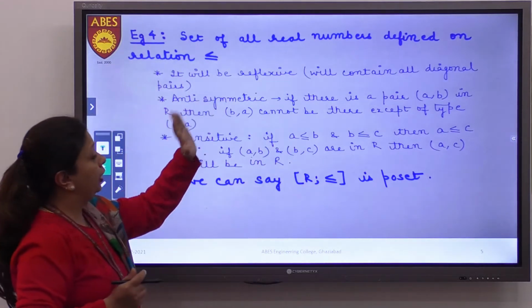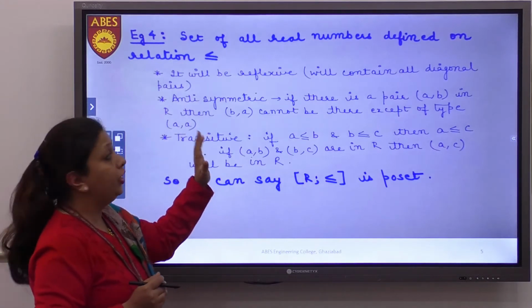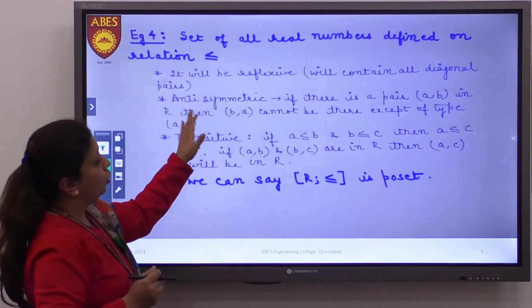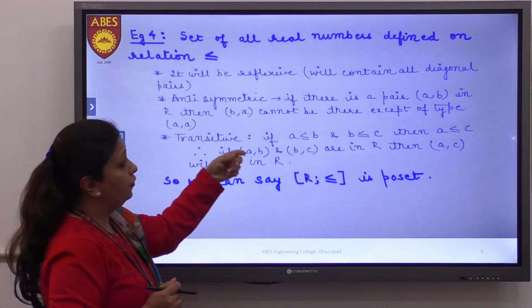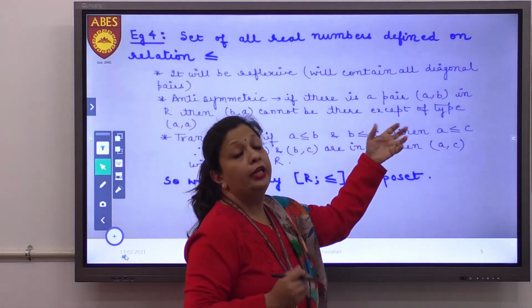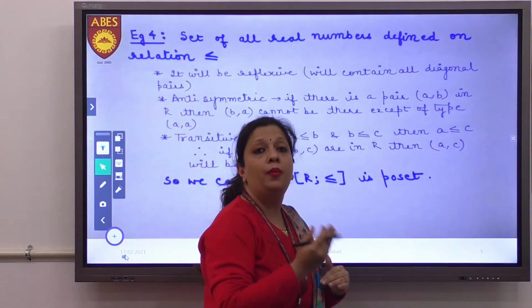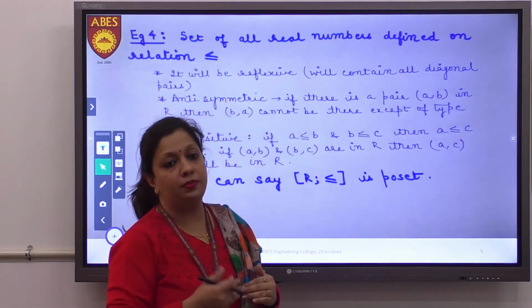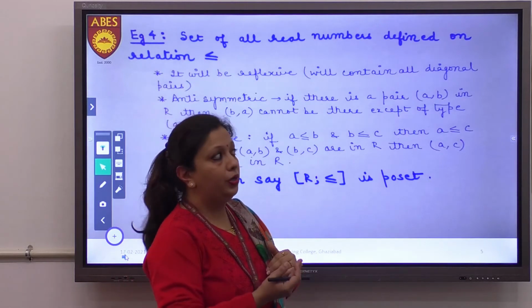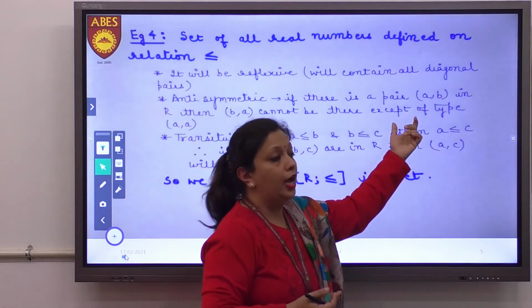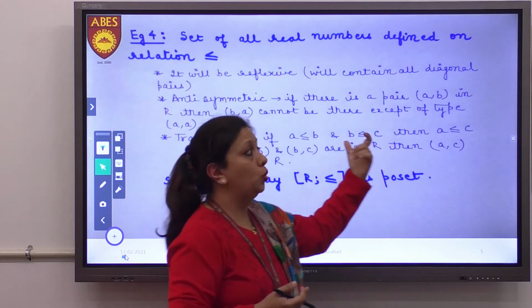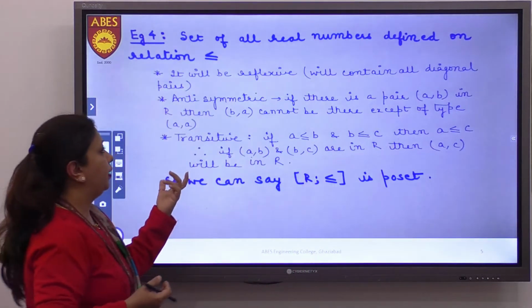So it is going to be reflexive since it will contain all the diagonal elements. Now if I talk about antisymmetric, if it has a pair A, B, that means A is less than equal to B. So it will never have the B, A pair, because it is never possible that B is also less than equal to A. So it will have only one pair, either A, B or B, A. So it is going to be antisymmetric.